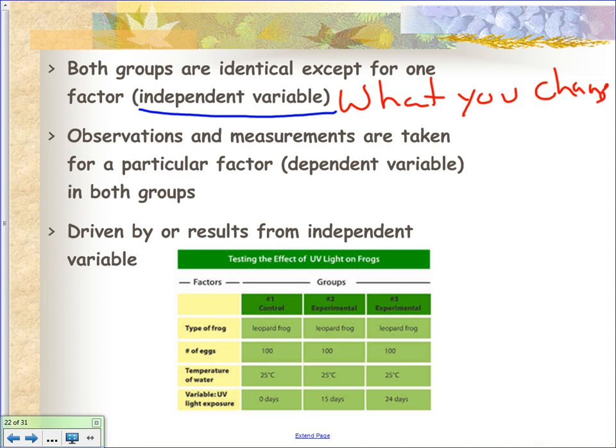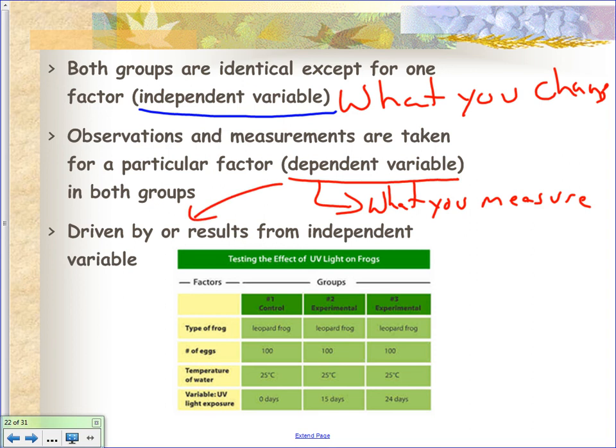Now, when conducting the experiment, we take a series of observations and measurements, and that's our dependent variable. How I want you to remember it is what you measure. So what you change is your independent variable, and what you measure is your dependent variable. Your dependent variable is driven by or results from the independent variable.